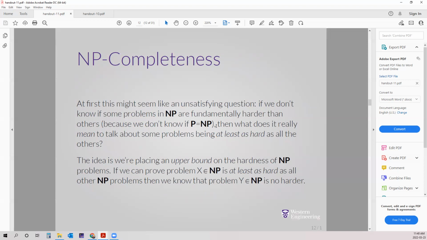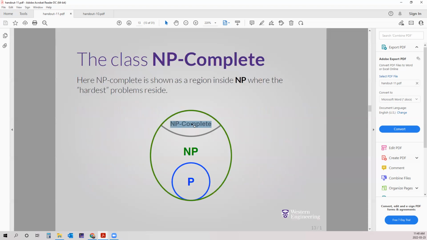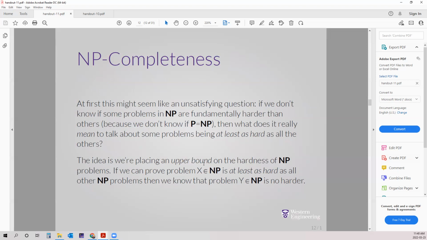But what we can say is that NP completeness is an upper bound that allows us to prove that the problem X, which belongs to NP, is at least as hard as all other NP problems.